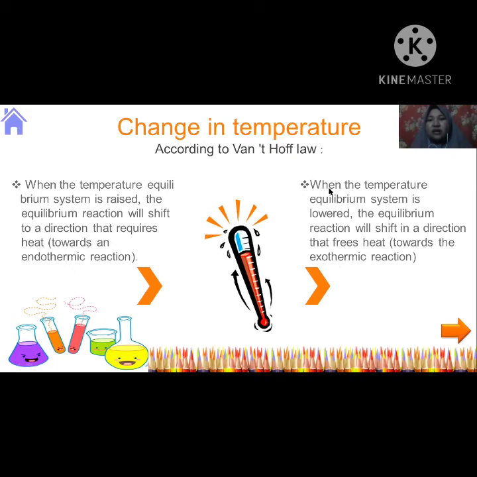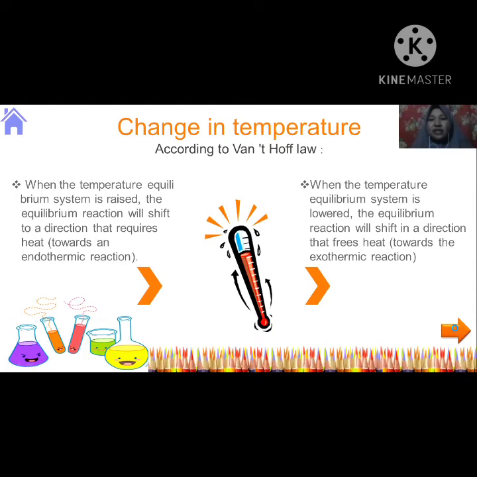And when the temperature of the equilibrium system is lowered, the equilibrium reaction will shift in a direction that releases heat, toward the exothermic reaction, which is signed by a negative sign.